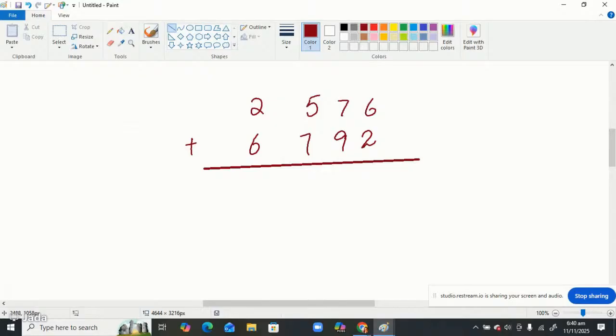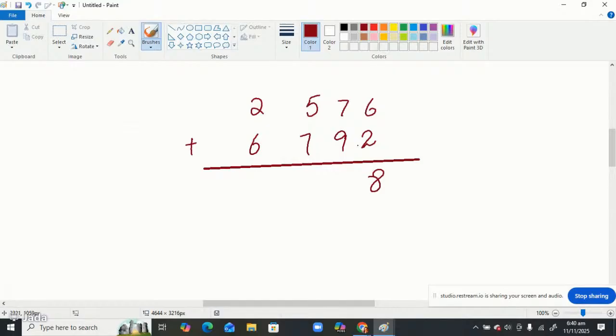Okay, just count it and then tell me. 6 plus 2 is? That is 8. Okay, 7 plus 9, just add it. Okay.